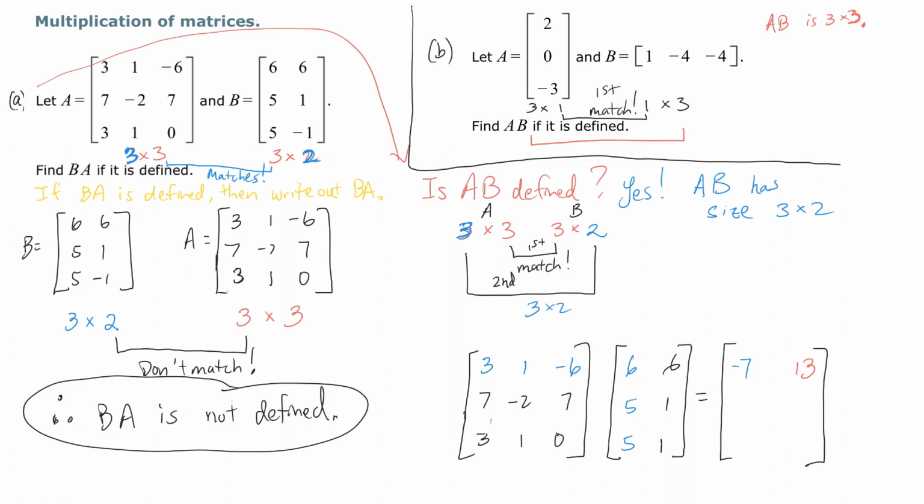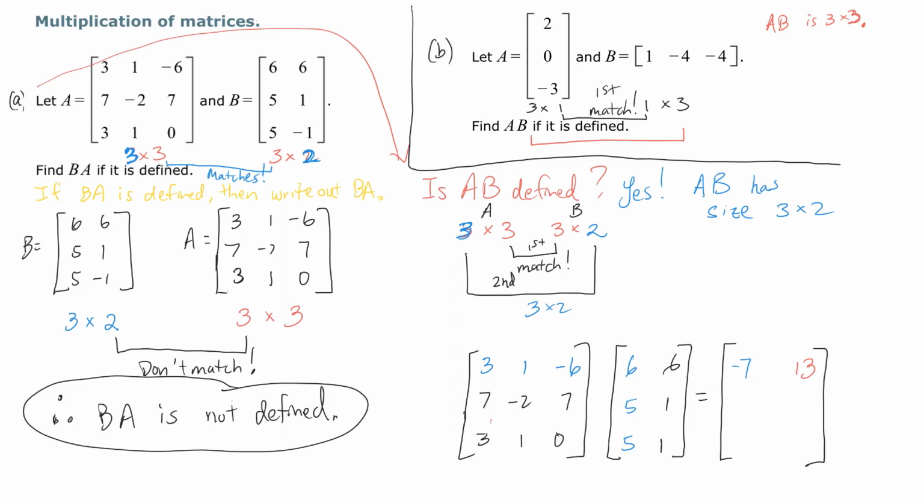So make sure you have 9 entries in your matrix A times B. I'll let you compute those 9 entries, so you might want to pause the video right now and go ahead and attempt to manipulate the expression A times B for part B. And when you unpause, I'm going to reveal the answer for you.